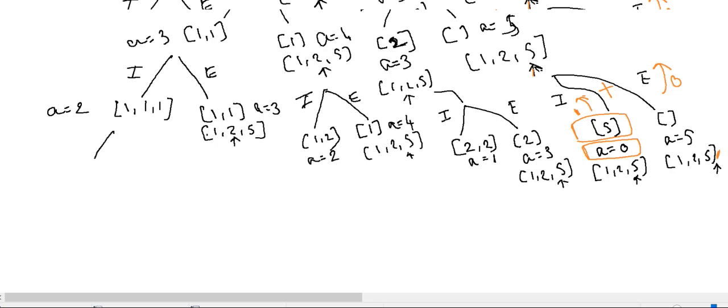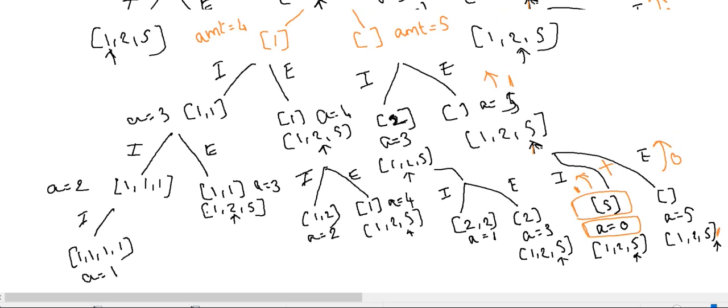Here again, I'm going to do include. When I do include, I'm going to have 1, 1, 1, 1. My amount is equal to 1. My pointer is still pointing to this one only. Let me write it here again: 1, 2, 5.